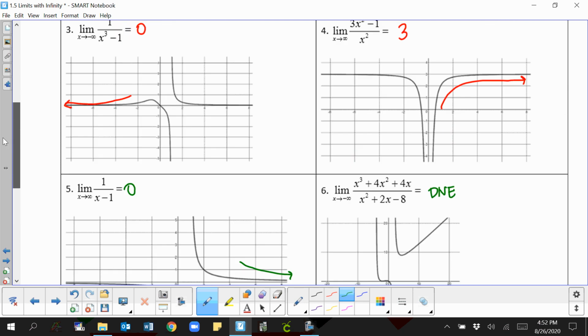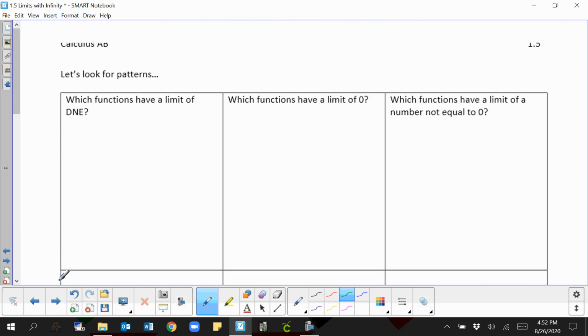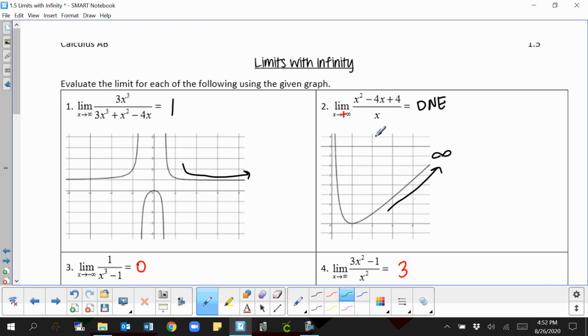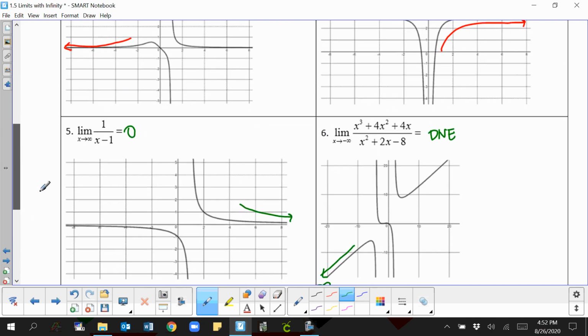So there are a couple patterns here that we are going to talk about. Which functions have a limit of does not exist? The does not exist is number 2 right here and our number 6 right here.